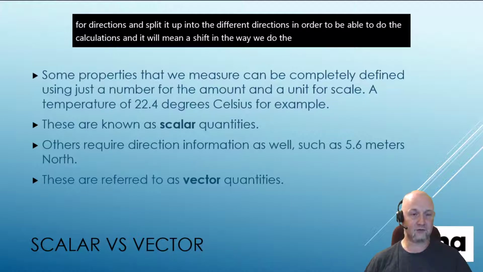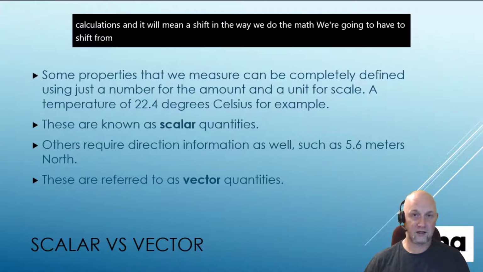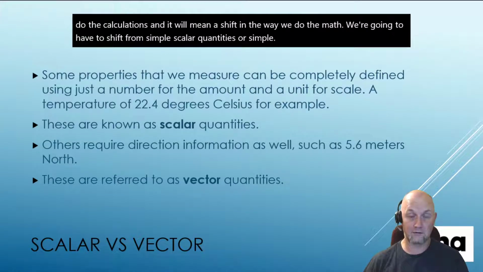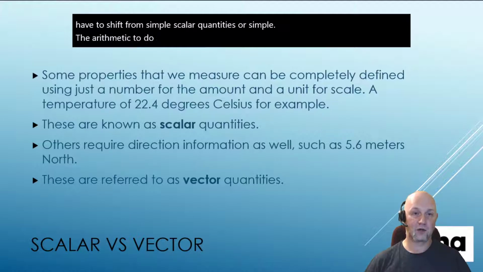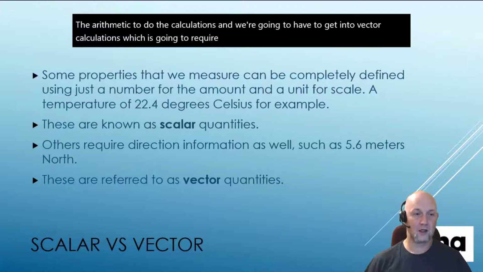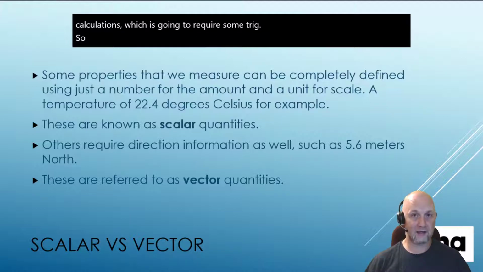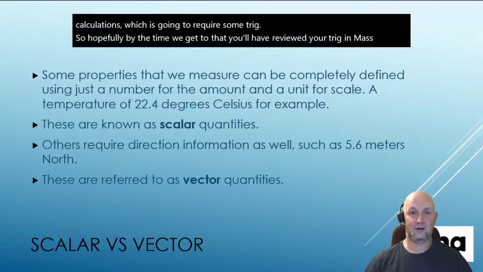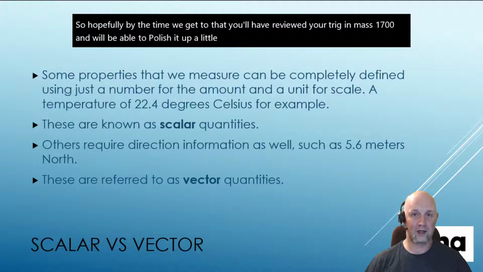We're going to have to shift from simple scalar quantities or simple arithmetic to do the calculations, and we're going to have to get into vector calculations, which is going to require some trig. So hopefully, by the time we get to that, you'll have reviewed your trig in Math 1700, and we'll be able to polish it up a little bit more, and we'll be good to go with dealing with vector quantities.